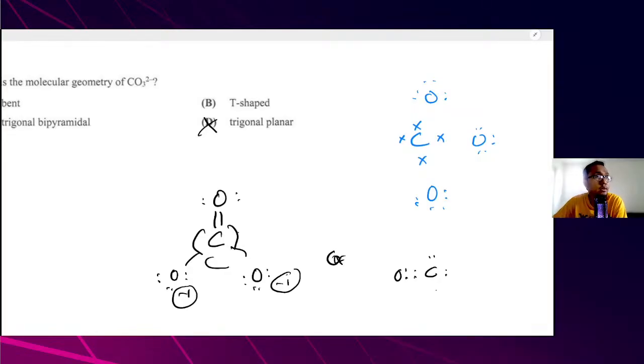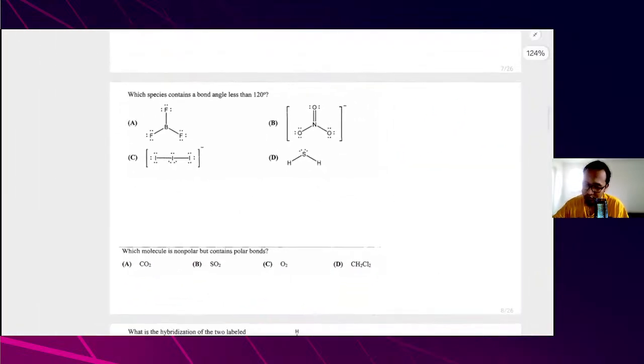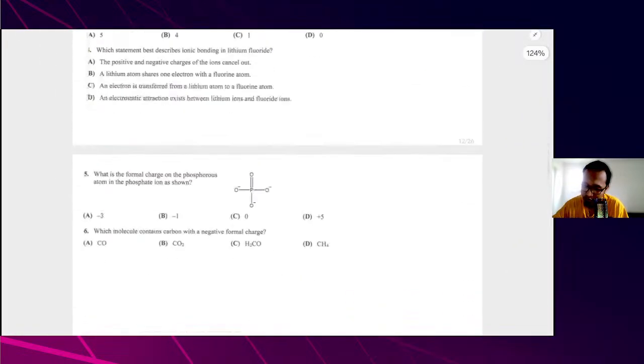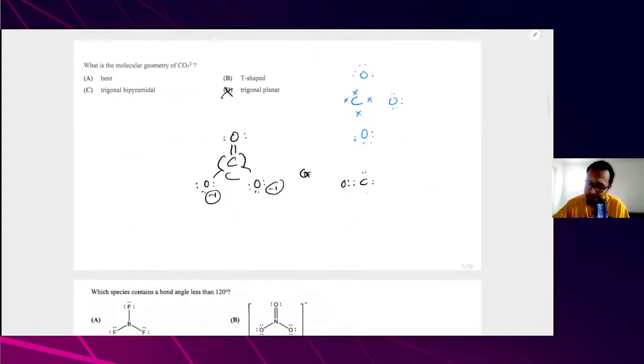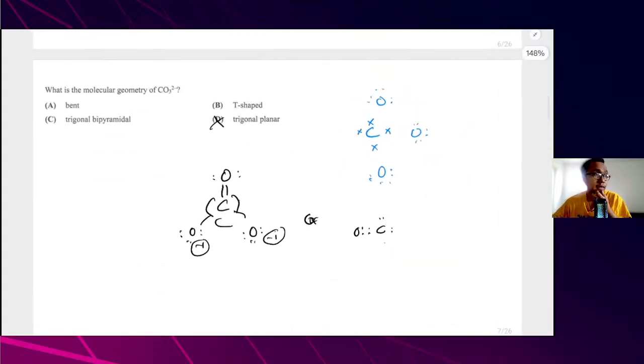So the answer is T, right? Yes. What I want to know is, I think I put in something over here. Okay. Let me take a break first.